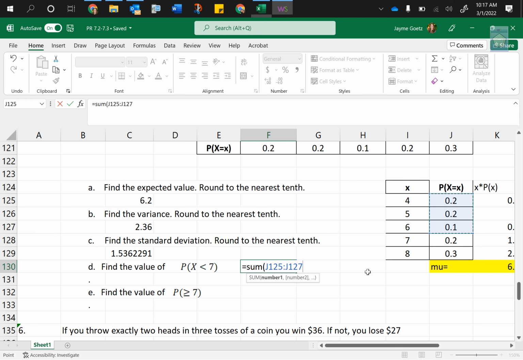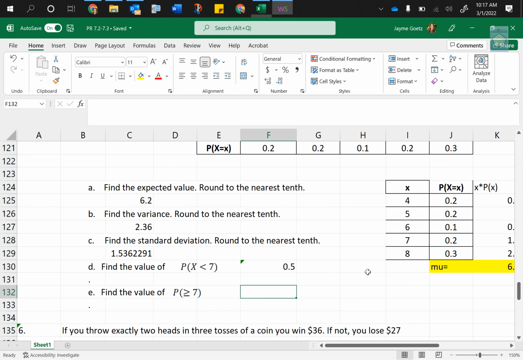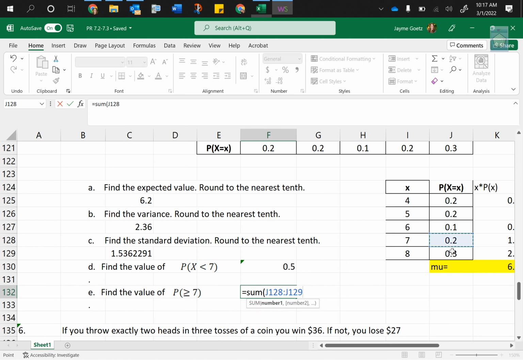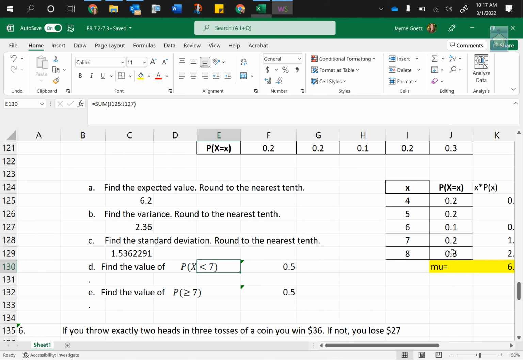And we should get 0.5. Now to find the probability of it being greater than or equal to 7, we do the sum of 7 and 8. There it is. On C, I took the square root of the variance.